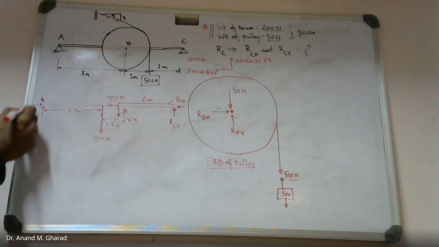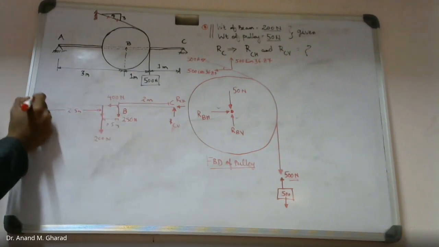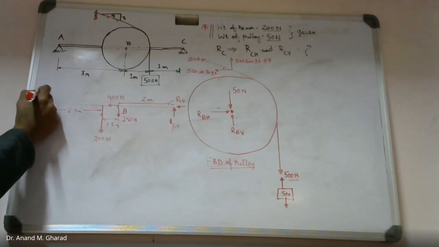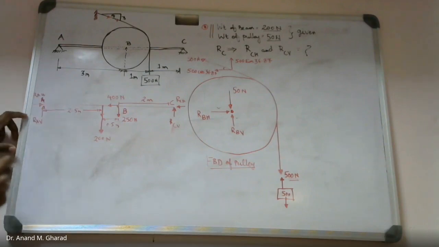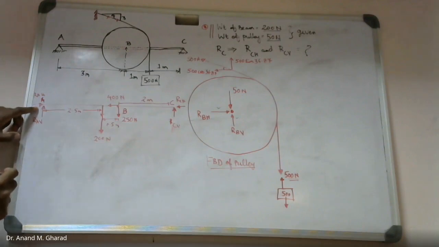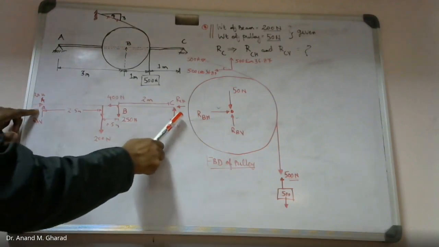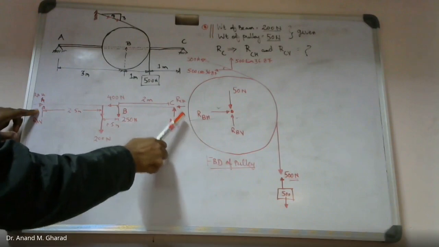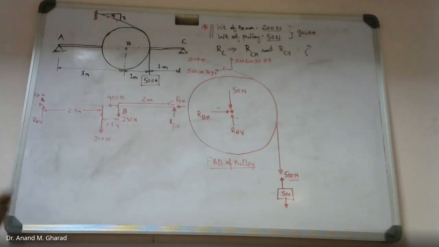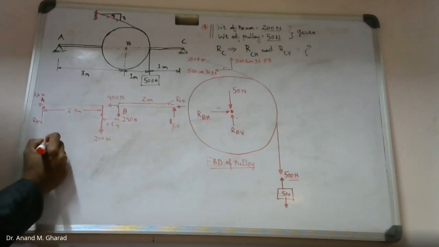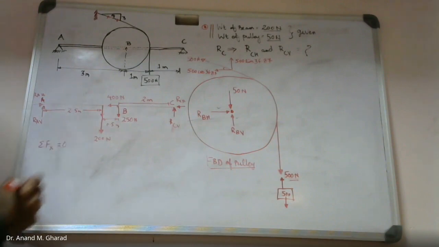Now remaining thing is to calculate these values, that is RAH, RAV. We are not actually interested in finding out reaction at A. We are interested in finding out reaction at C or reactions at point C. Okay. So you calculate summation of forces in X direction equate them to 0.